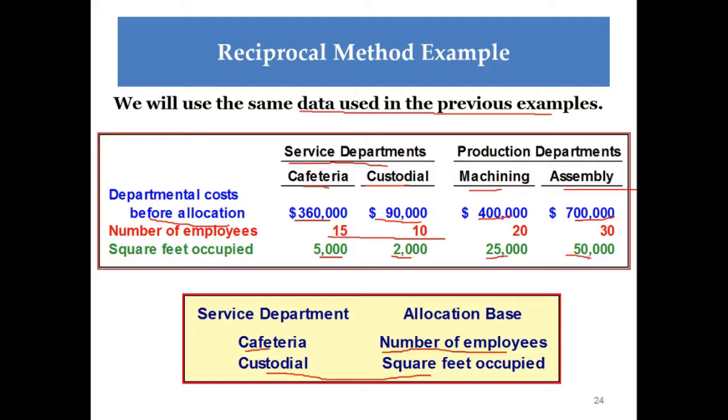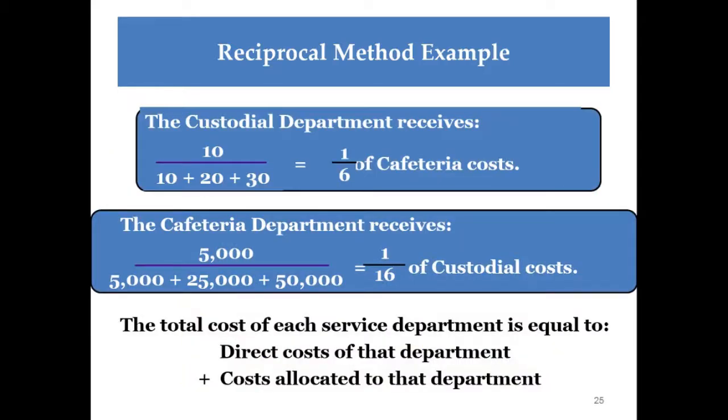How can we allocate cost? We must start with equations. First, we want to establish two equations for the two service departments, custodial and cafeteria.